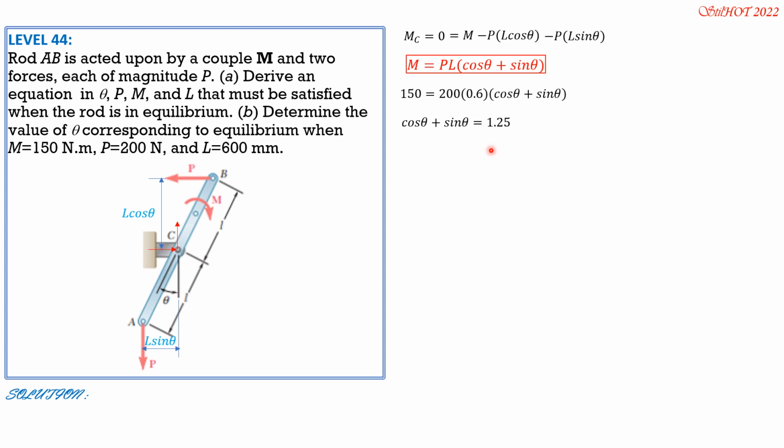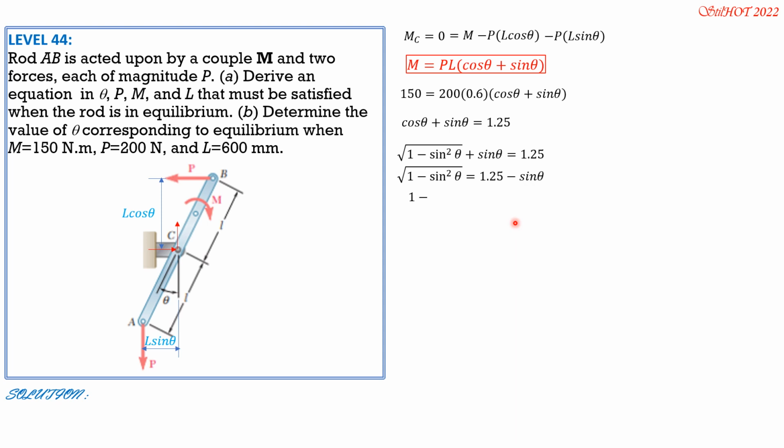Now, you may solve theta by trial and error, but it will take time, assuming you have no high-tech calculator, or a calculator is not allowed. So we change cosine theta to square root of 1 minus sine square theta. Then plus sine theta equals 1.25, or square root of 1 minus sine square theta equals 1.25 minus sine theta.